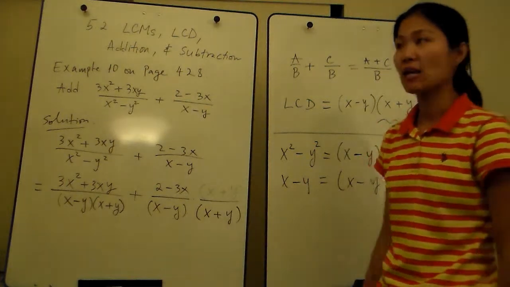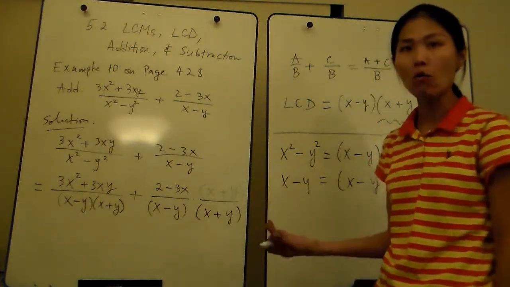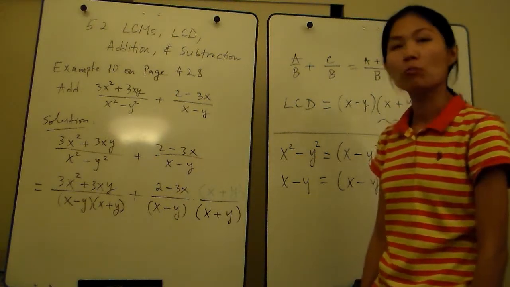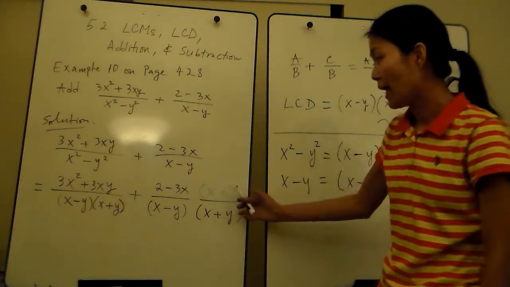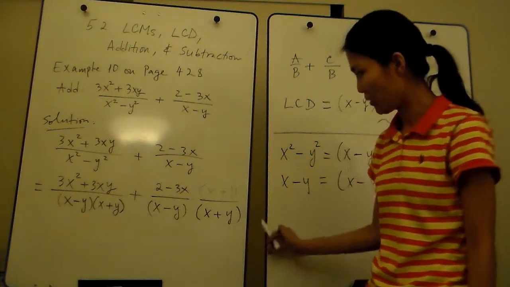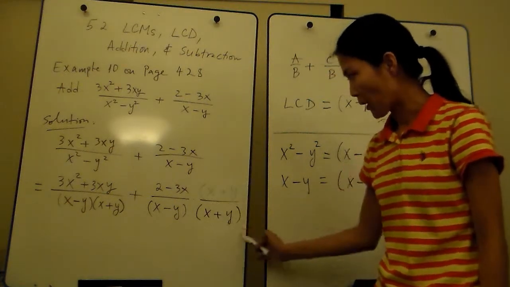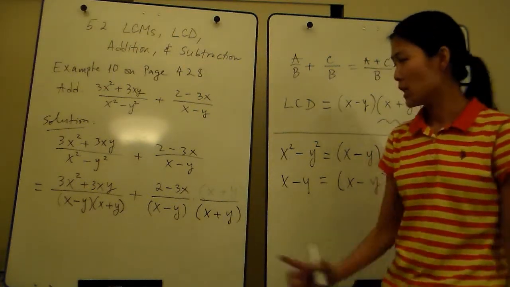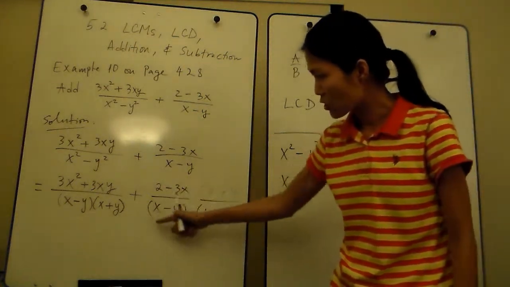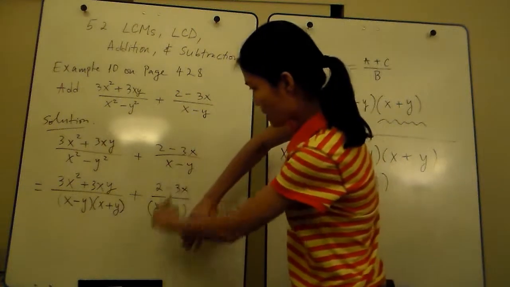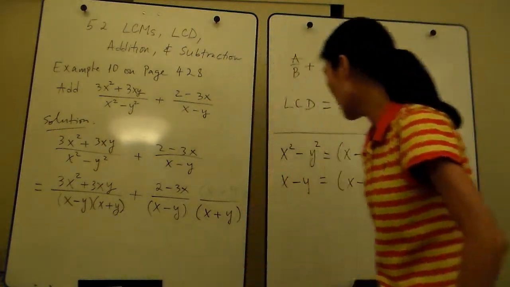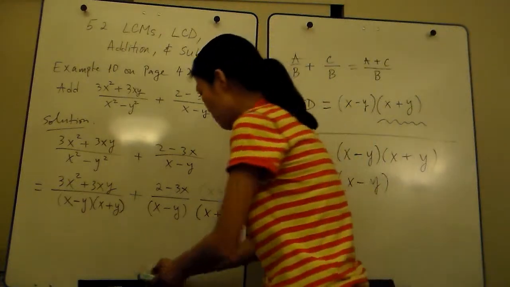And remember, anything multiplied by 1 is itself. So actually, you have not changed the original problem. This is the factor of 1 right here. X plus y divided by x plus y is a factor of 1. 1 times this second term is the same as this second term on top here. Okay? All right.